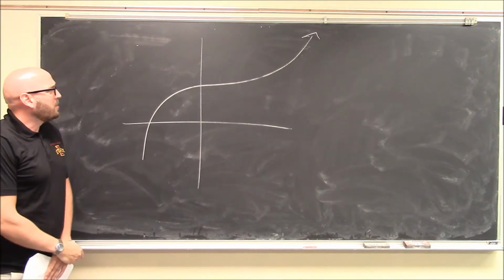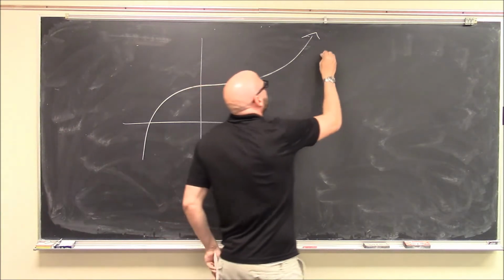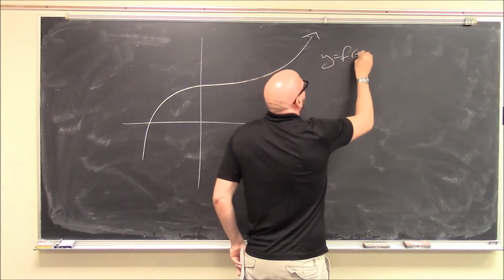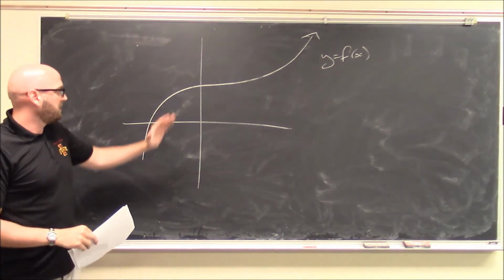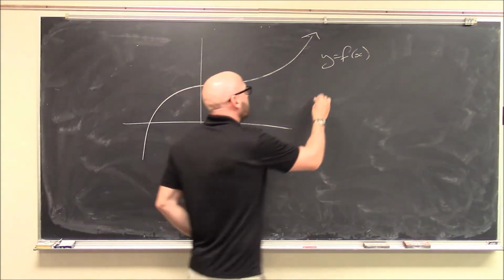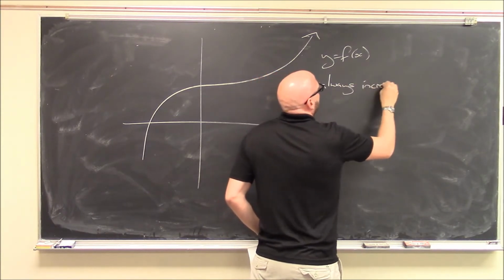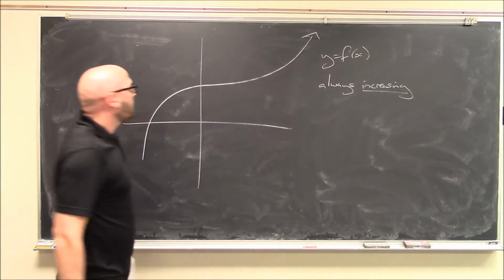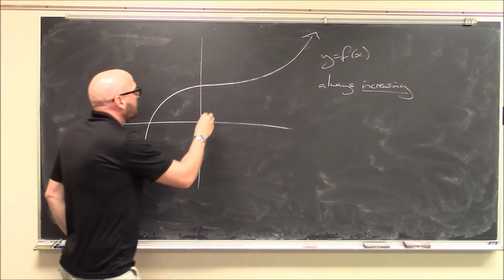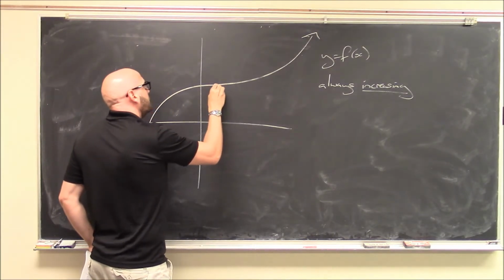Alright, so here's one more bit of terminology. Here's a function, y equals f of x. And if I asked you if it's increasing or decreasing, hopefully you'd agree this is an increasing function, right? It's always increasing. But what about the concavity? Well, the interesting point probably happens right around here.